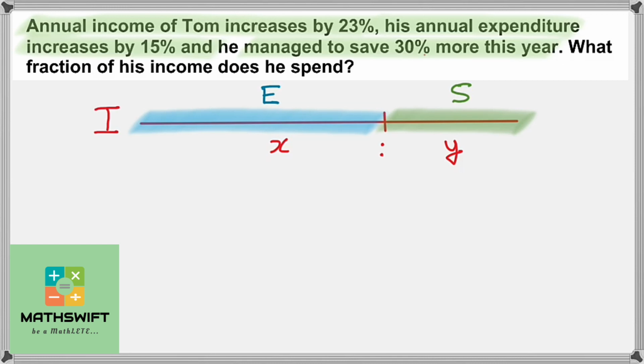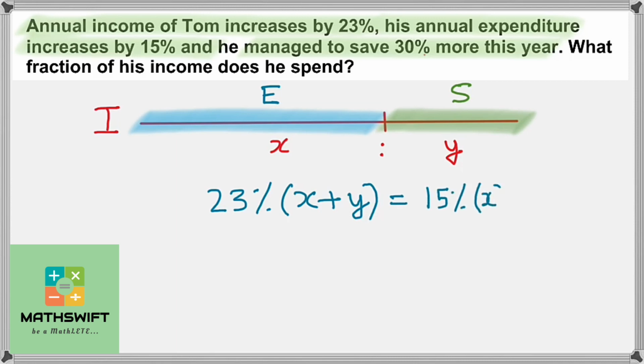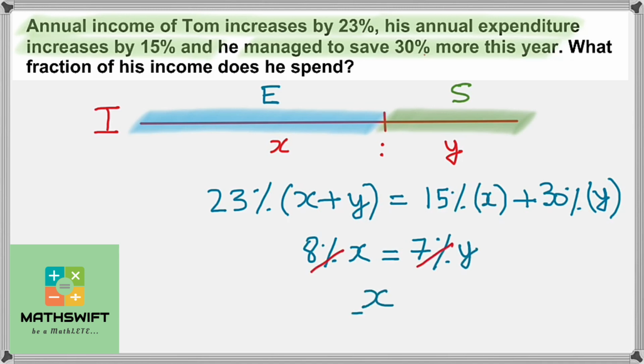Now his increased income, that is 23% of X plus Y, would be equal to his extra expenditure, that is 15% of X, plus his extra savings, that is 30% of Y. Rearranging the terms, we get the ratio of X is to Y as 7 is to 8.